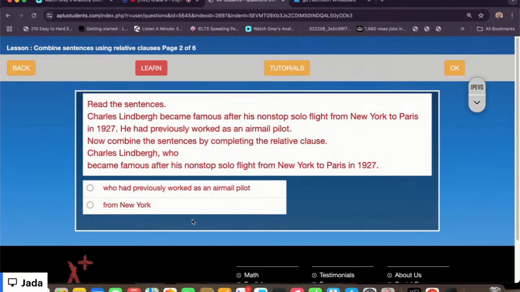so read the sentence. Charles Lindbergh became famous after his non-stop solo flight from New York to Paris in 1927. He had previously worked as an airmail pilot. Now combine the sentences by completing the relative clause. So what would be the right one here?